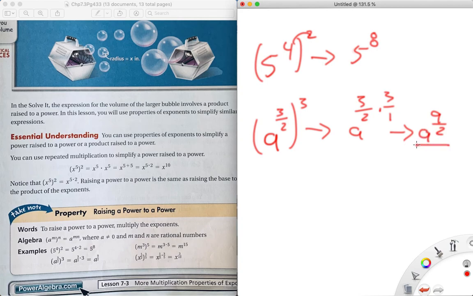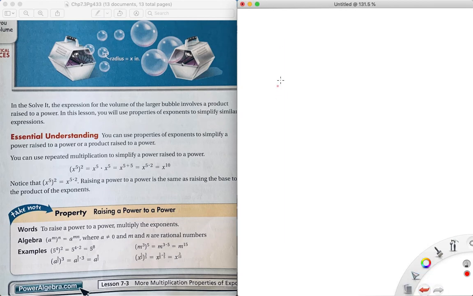Again, we're just multiplying the exponents. They got m to the third power, and they raise it to the fifth power, which is m to the 5 times 3, which is m to the 15th.